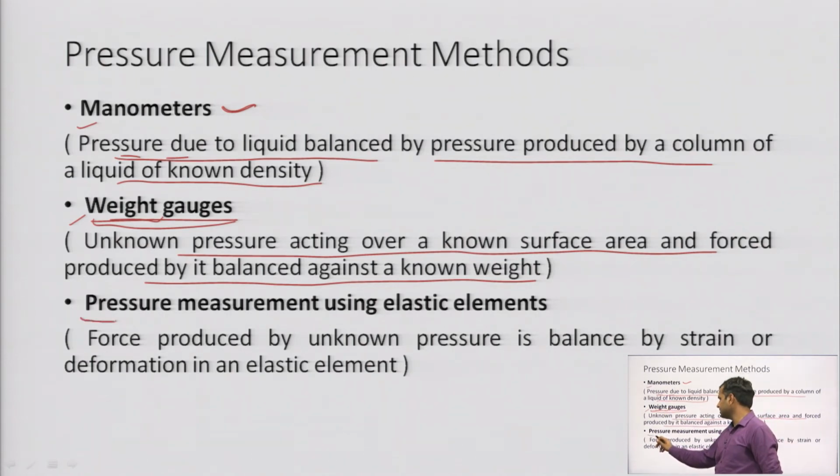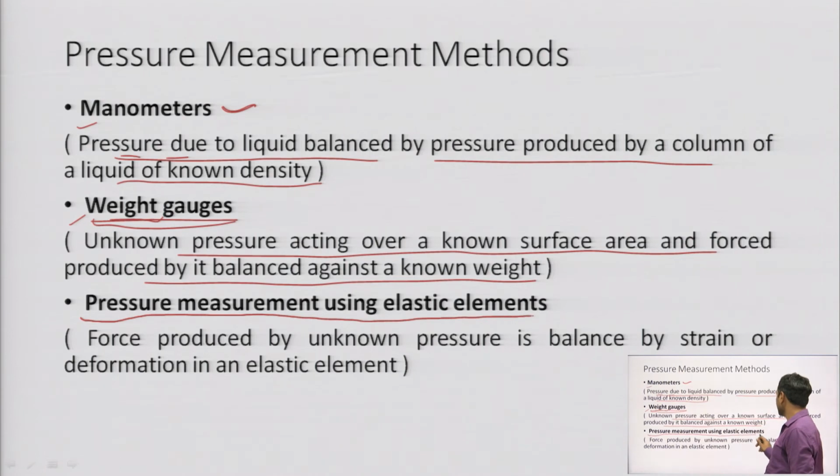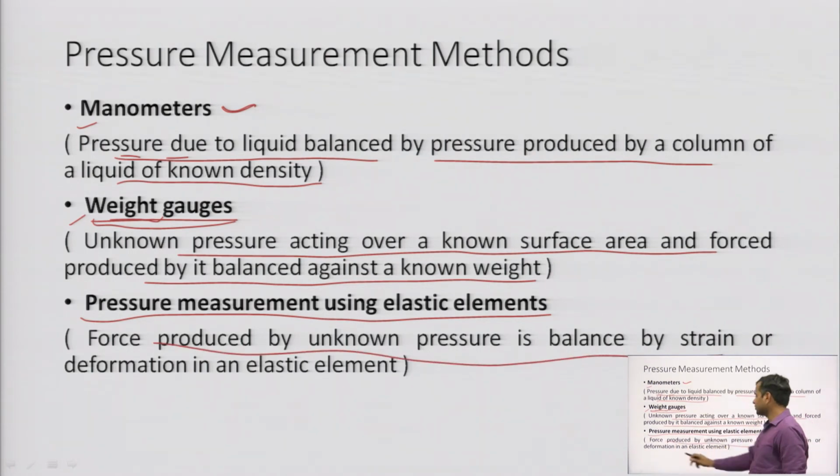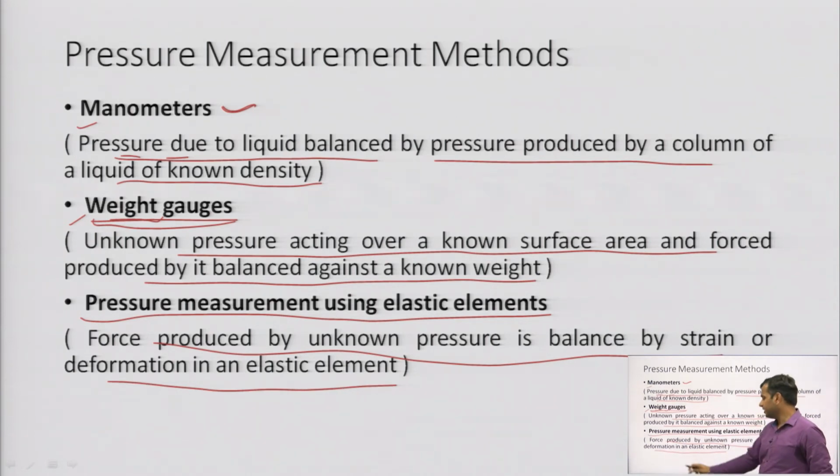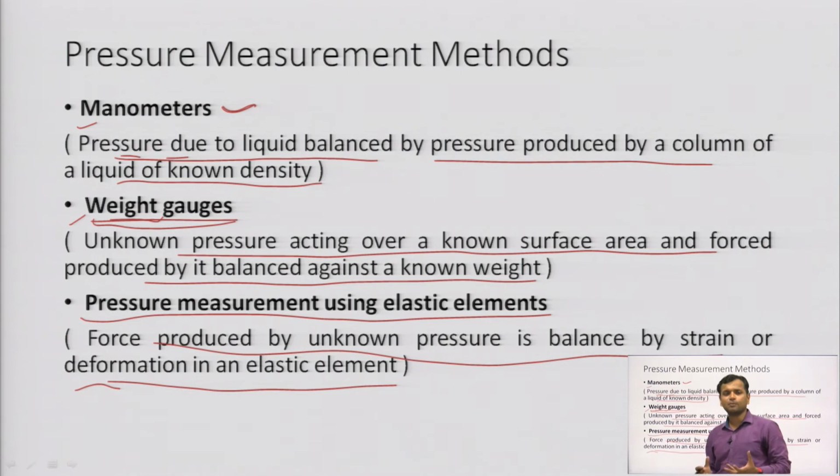Third category is pressure measurement using elastic elements, because I already told you that elastic elements hold their position after stretching or pressing. So, the pressure measurement also can be done by elastic elements, where the force produced by the unknown pressure is balanced by strain or deformation in an elastic element, and that element gets back to its original position when the force has been reduced or finished.